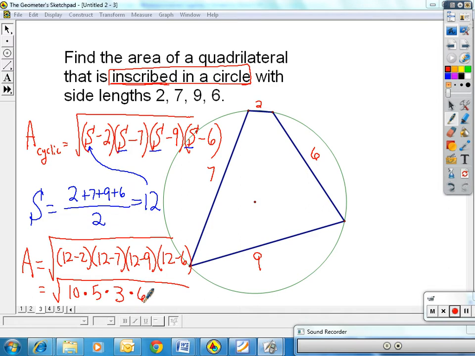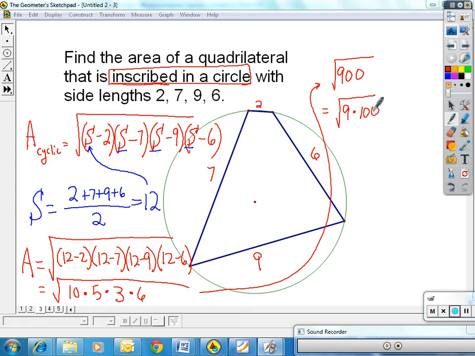Multiply that up. 10 times 5 times 3 times 6. So we're going to multiply this to get the square root of 900. And now we always want to simplify. That's the square root of 9 times 100. Both of those are perfect squares, so that's 3 times 10.